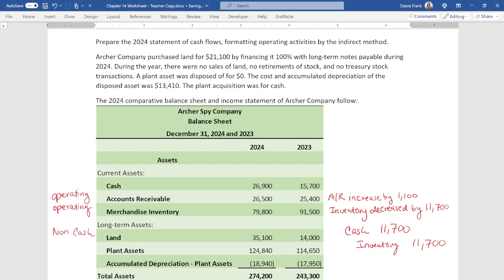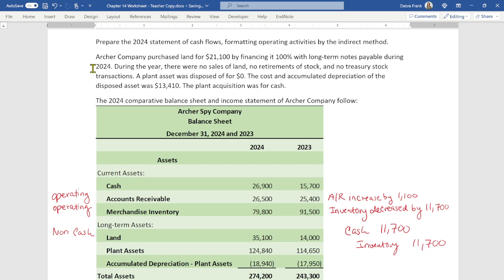Okay, perfect. So that land is non-cash, and we'll use that later, but that was that analysis from that paragraph provided to us. That was the 21,100 difference. And so yes, all of that was financed with a note. Okay, so no cash involved. During the year, there were no sales of land, retirement of stock, and no treasury stock transactions.